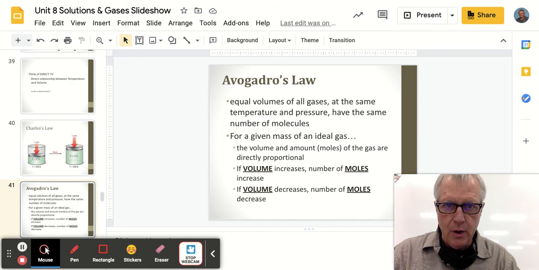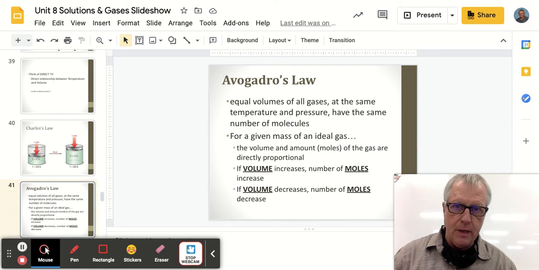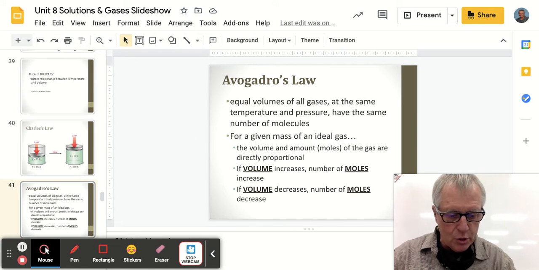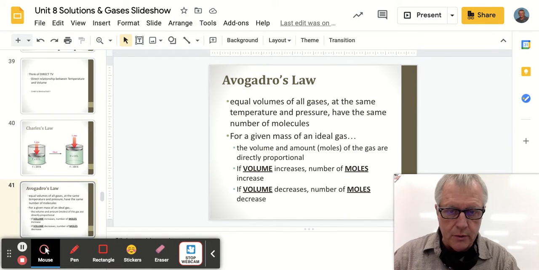Now, Avogadro had some other ideas too, being a historical figure in chemistry. Avogadro basically says that if a gas volume increased, so would the amount of moles. He was thinking in terms of accounting for how many molecules there are. Again, that's a directly proportional relationship.